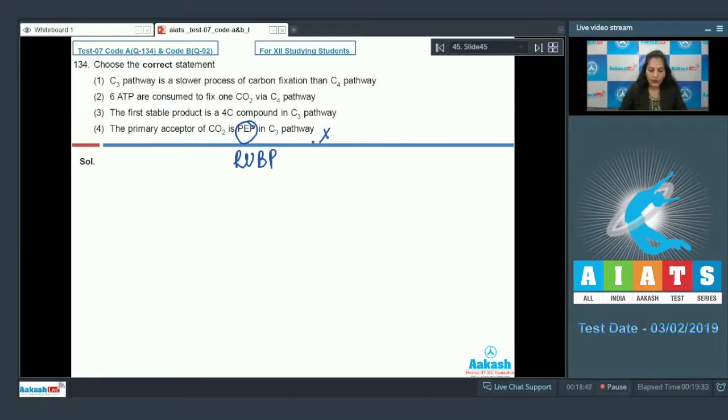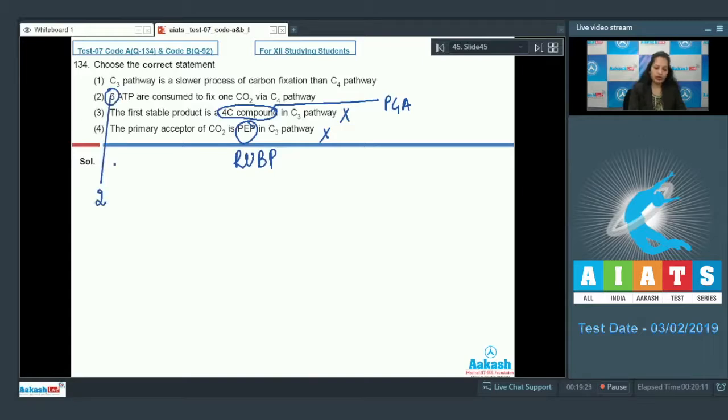Third statement says that the first stable product is a 4C compound in C3 pathway. No, in C3 pathway, the first stable compound is a 3C compound, and that is PGA, phosphoglyceric acid. So this statement also becomes wrong. Second statement says that 6 ATP molecules are consumed to fix 1 CO2 via C4 pathway. No. Via C4 pathway or the C4 cycle, only 2 ATP are consumed to fix a single molecule of CO2.